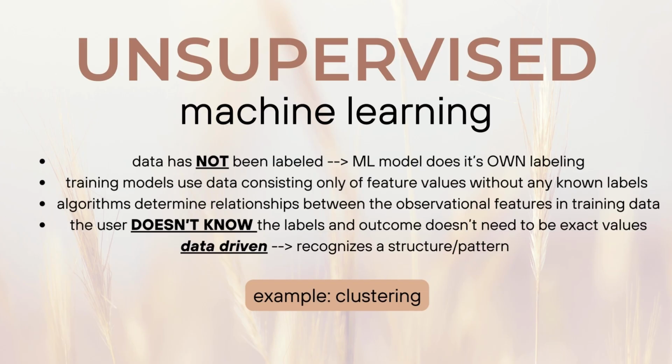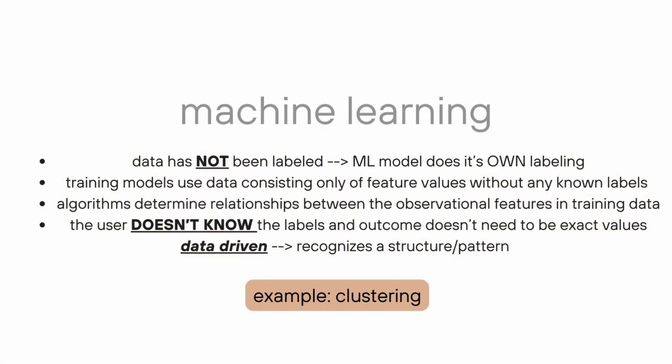The algorithms determine relationships between the observational features in training data, and the user doesn't know the labels. An outcome does not need to be exact values, like in supervised machine learning. It is data driven, which means it recognizes a structure or pattern. An example of this is clustering, which we will further investigate.